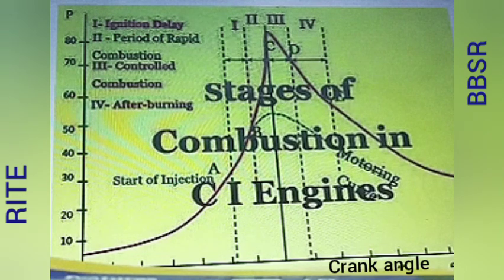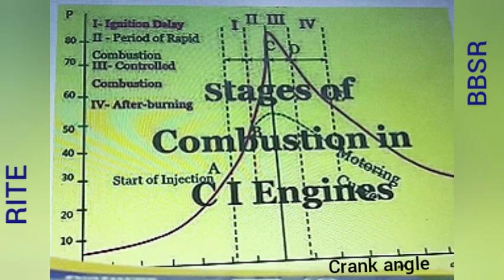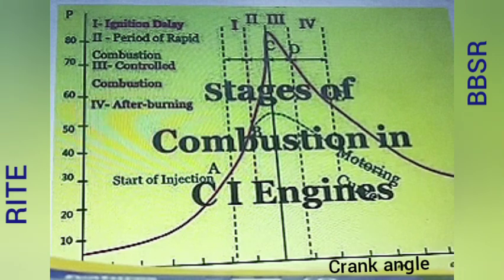Rather, here the fuel injector injects fuel and then that is allowed to mix with the air already compressed in the combustion chamber. So due to this, the mixture is not as homogeneous as in a spark ignition or SI engine.